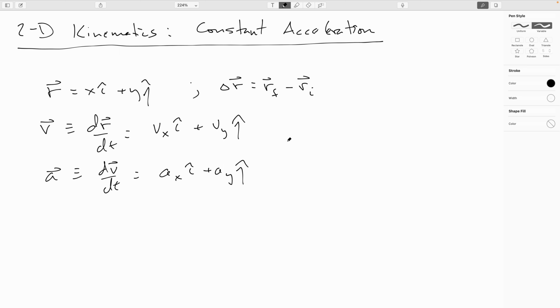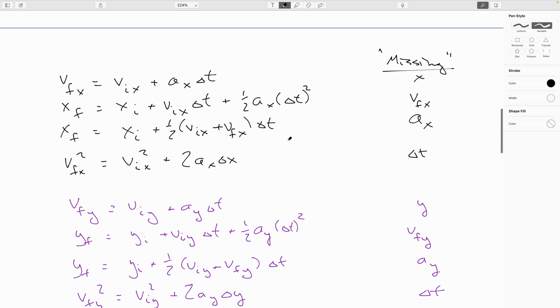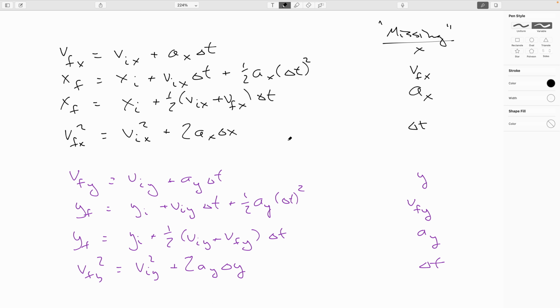So the deal is that when we're looking at motion in 2 dimensions, or in fact in 3 dimensions even, because this extends to that, we can treat the motion mathematically as if it were 2 separate situations. One looking at the motion in x purely as one-dimensional motion, and looking at the motion in y purely as one-dimensional motion.